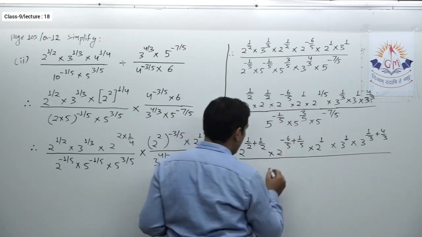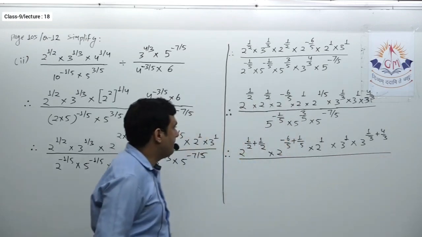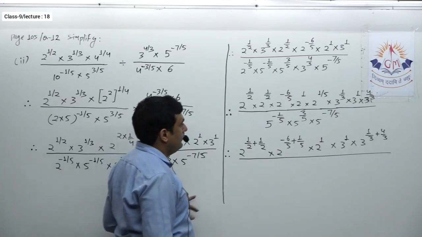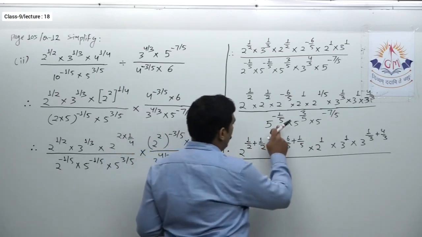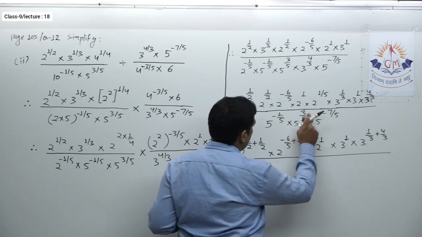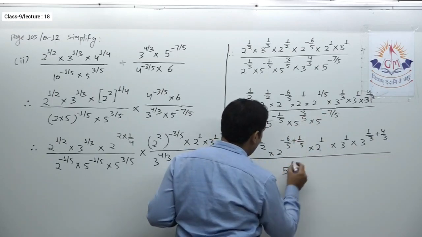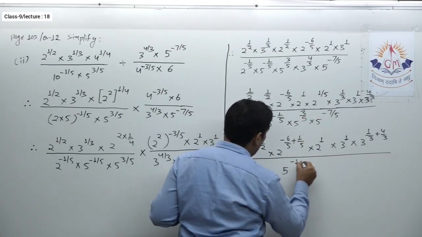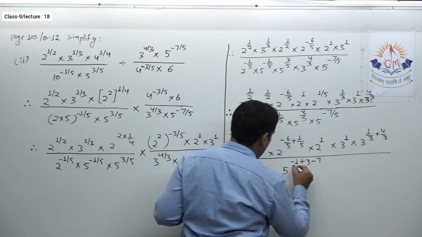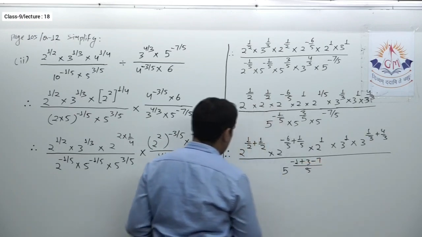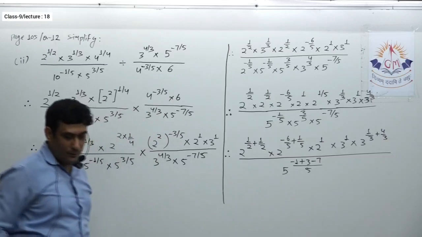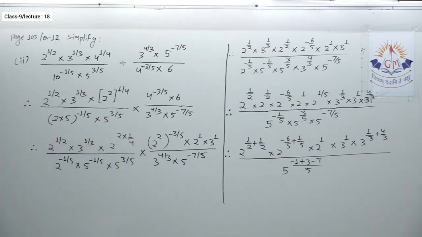Now next over here, minus 1 by 5 plus 3 by 5. So here I can write 5 raised to minus 1 plus 3 minus 7 upon 5 directly. So note it down up to this point, then I will give you the remaining 2 steps.